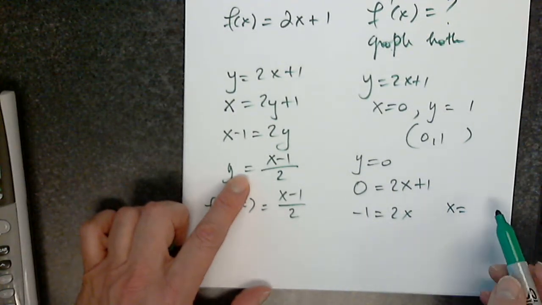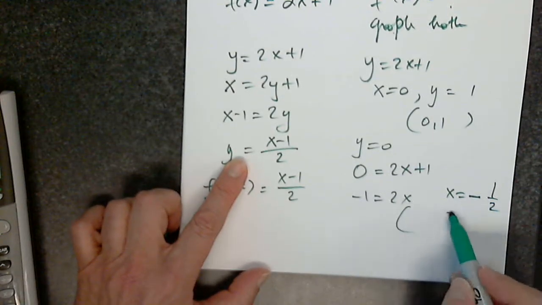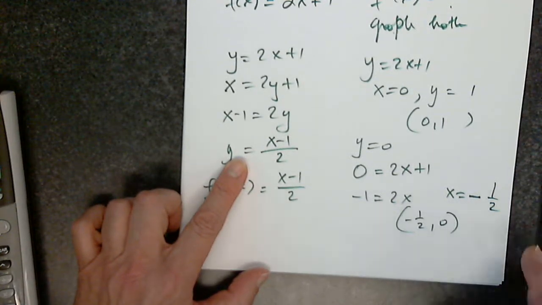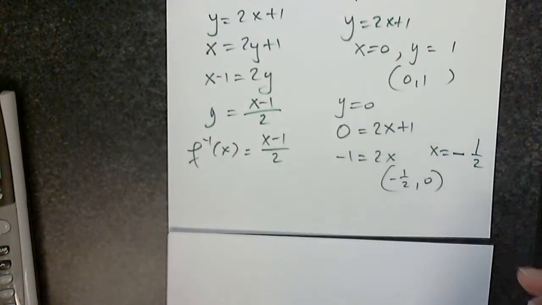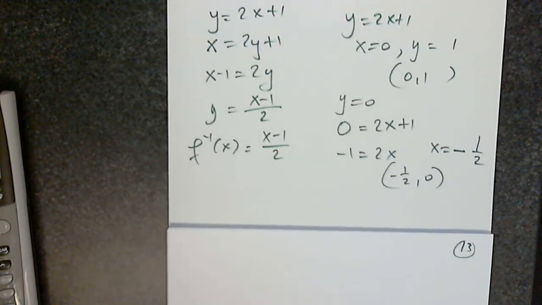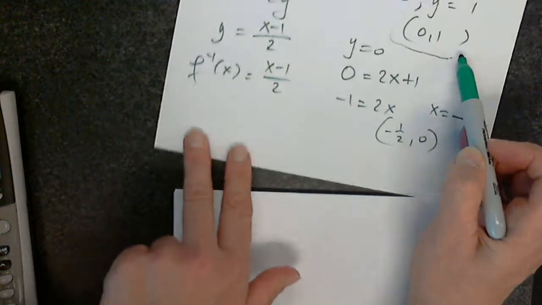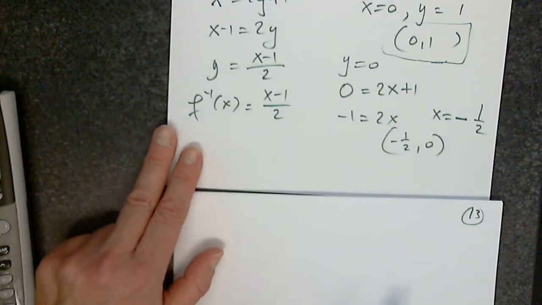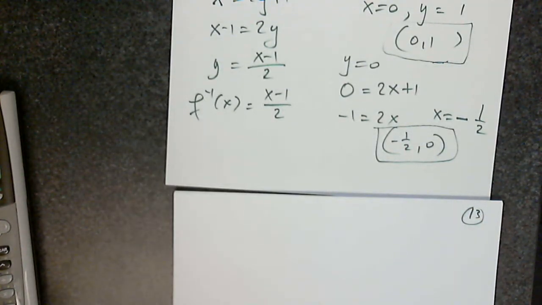So x equals? Good. And the ordered pair is -1/2, comma 0. Why did I do that? Because it's a linear function. I only need the x and y intercepts. So I have these 2 points to plot: 0, comma 1, and -1/2, comma 0. Do we agree with this?